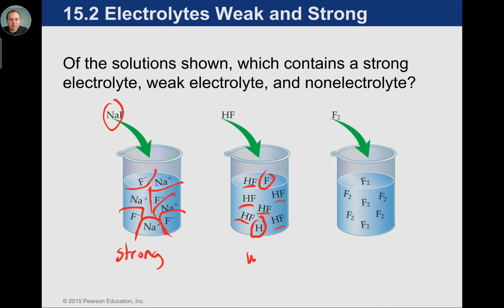And that's what happens when you're weak, is you need somebody else most of the time. And then over here, we're never apart, we're always together, and that's because F2, these are gas molecules, and those are going to be the worst kind. They're never going to separate, they're never going to make ions, so it's going to be a non-electrolyte. So the non-electrolyte here, the weak electrolyte here, and then the strong electrolyte definitely over here.